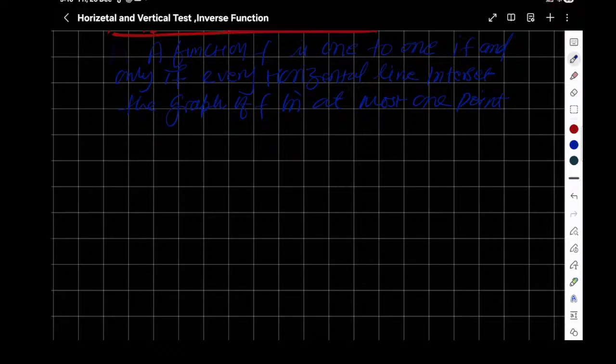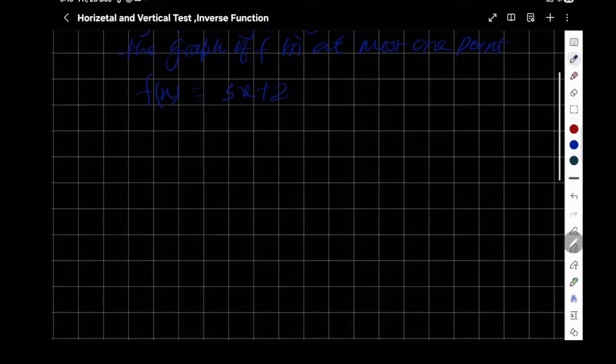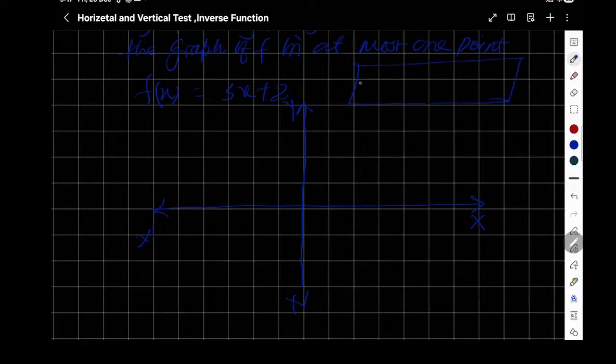So if I say f(x) = 3x + 2, and I draw the graph with the x-axis and y-axis, the graph intersects at x = 0. Let me make a table with x and y.